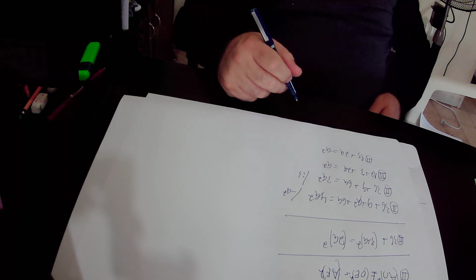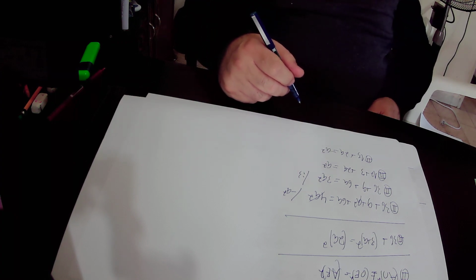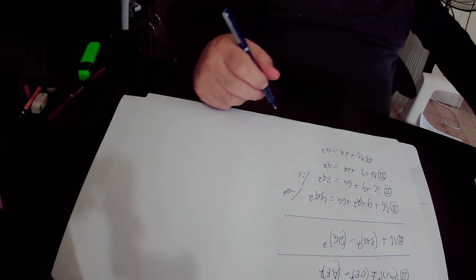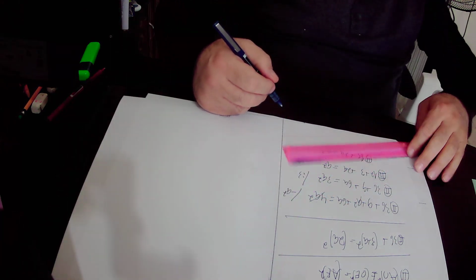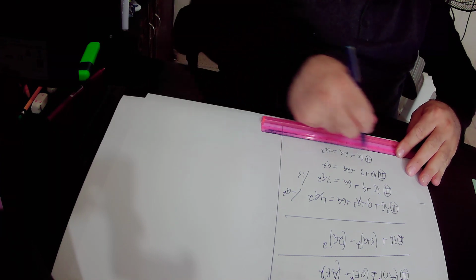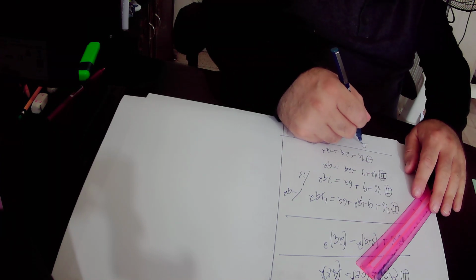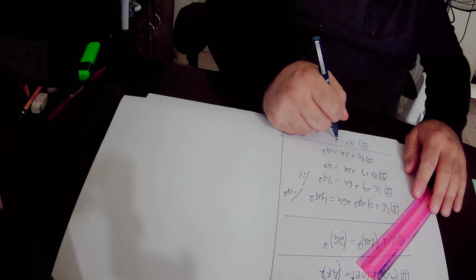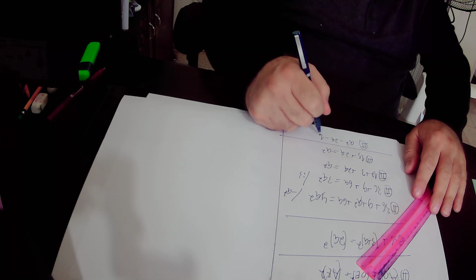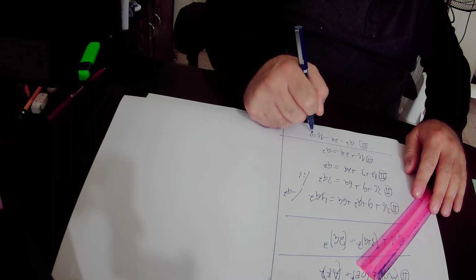We subtract 2a and 15 from this equation, and we get a squared minus 2a minus 15 equals 0.